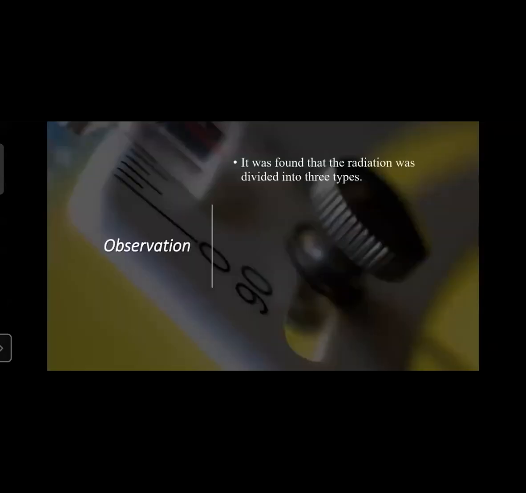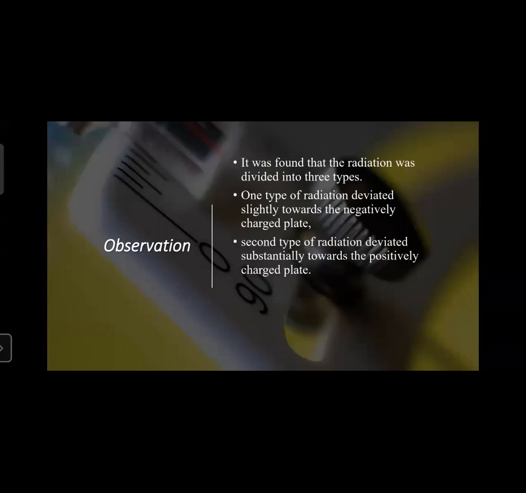What we observed was that the radiation was divided into three types. One type deviated towards the negatively charged plate. The second type deviated substantially towards the positively charged plate. And the third type did not deviate at all in the electrical field.